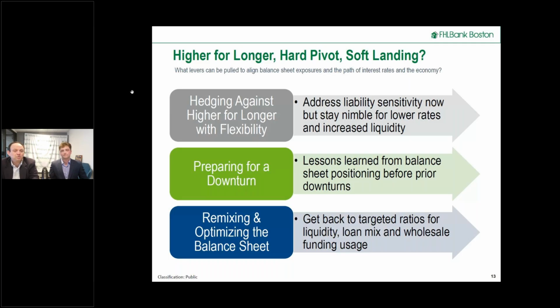So it comes down to what risks are we comfortable taking, and what risks do we want to be hedging out. So we'll talk a little bit more in this section about the asset side of the balance sheet, as well as the wholesale funding, and Tyler will talk about the deposits.